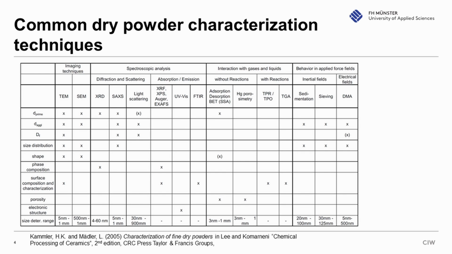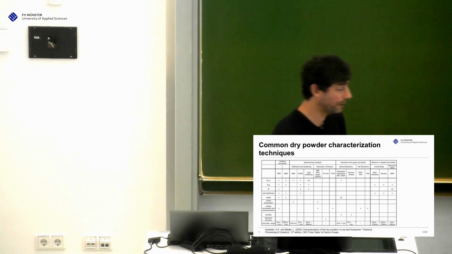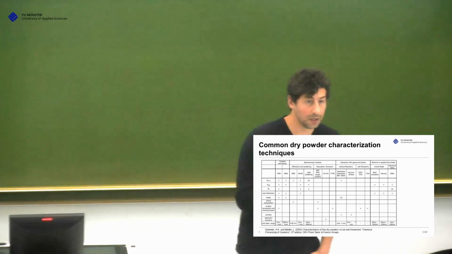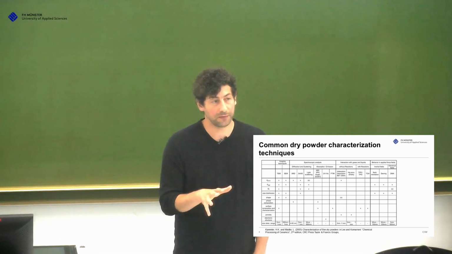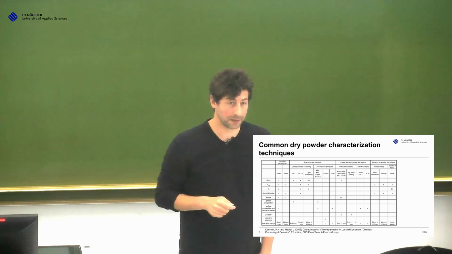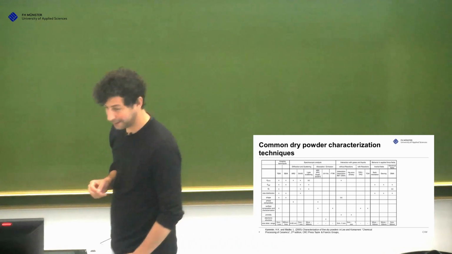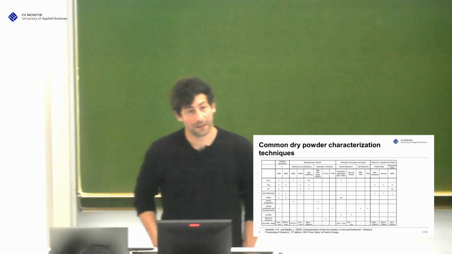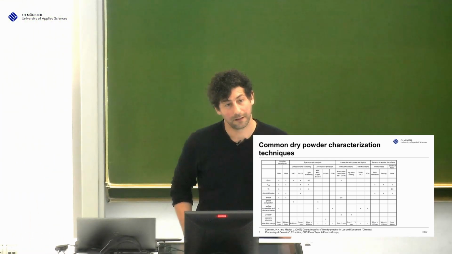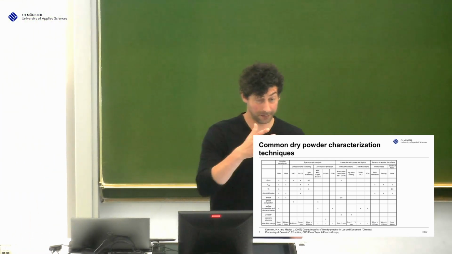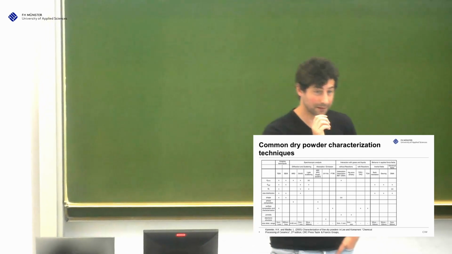So FTIR, for example, is a technique I really like to do. Has anybody of you worked with FTIR? Yeah, where did you do it? Yeah. So basically, what is FTIR doing?